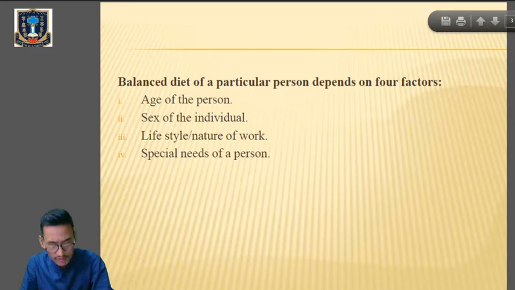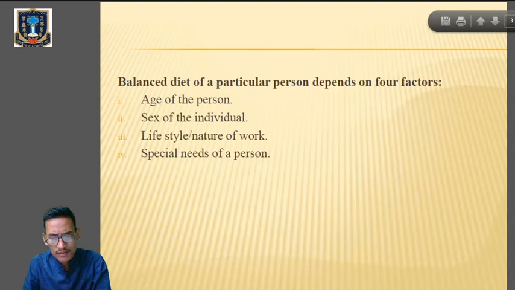Then lifestyle or the nature of the work, it can be a farmer or a sports player. Then special needs of persons, it can be a sick person, a nursing mother or a pregnant lady. These are the 4 factors on which the balanced diet of a particular person depends, and depending on this, the balanced diet will be different for particular individuals.